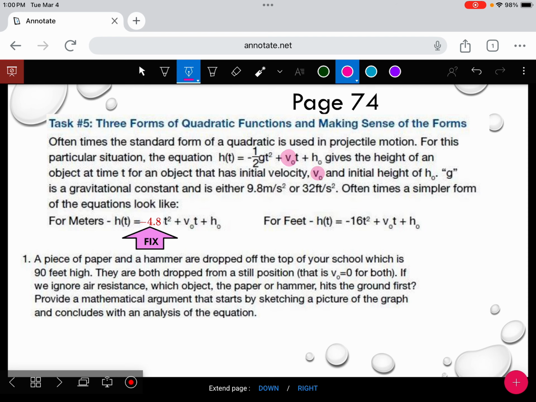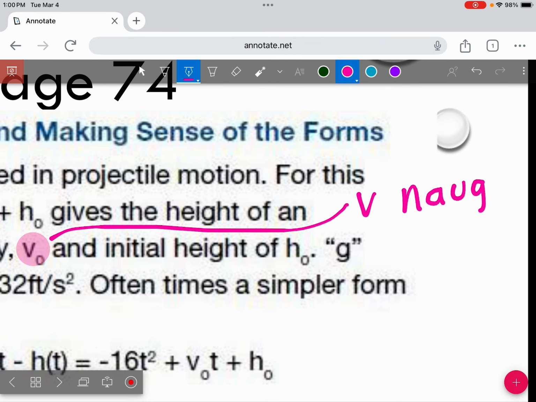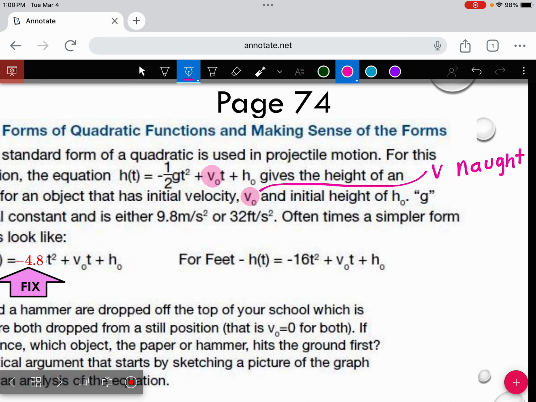If it has a little baby 0 at the bottom, we say this is v naught, N-A-U-G-H-T, meaning 0. It really is not something we're going to see super often, but when it pops up, it makes things look so much ickier. All that means is speed at launch.